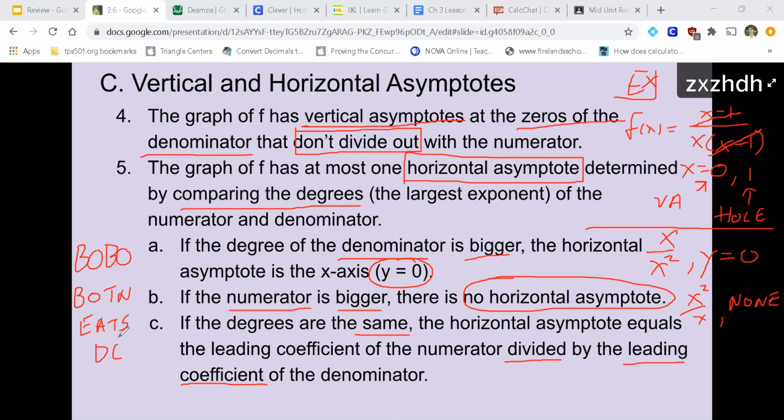If they were the same, like 3x squared over 2x squared, its horizontal asymptote would be 3 over 2. Again, if it's bigger on bottom, then it's y equals 0. If it's bigger on top, then there's none. And if the exponents are the same, then you divide your coefficients.